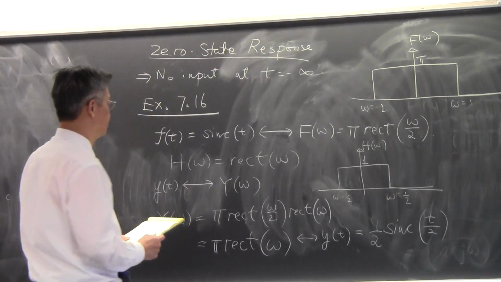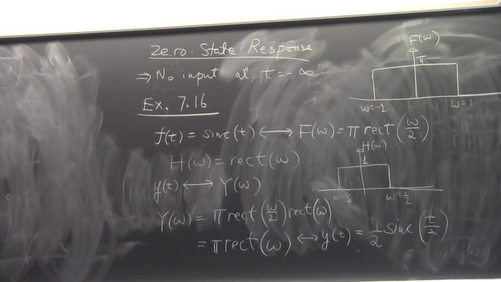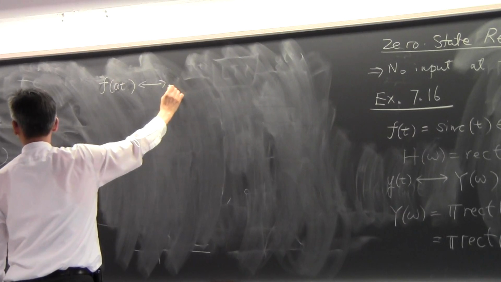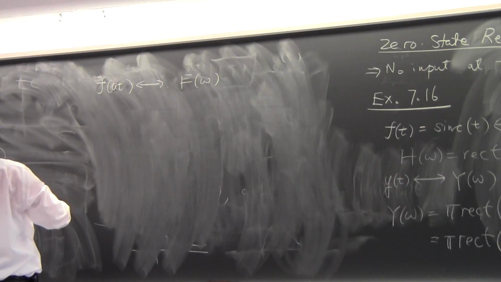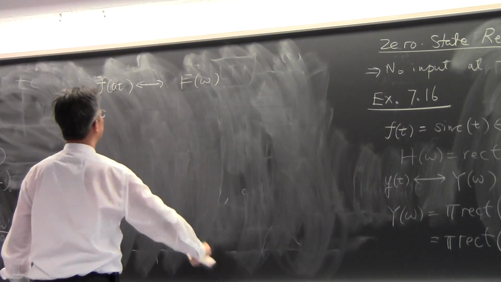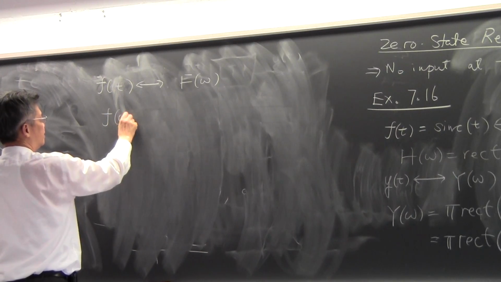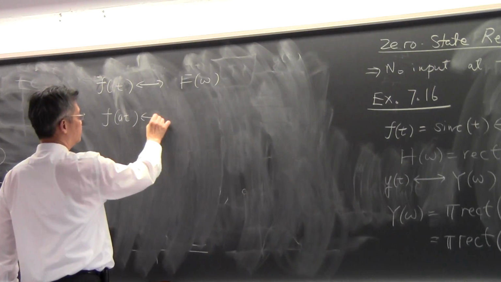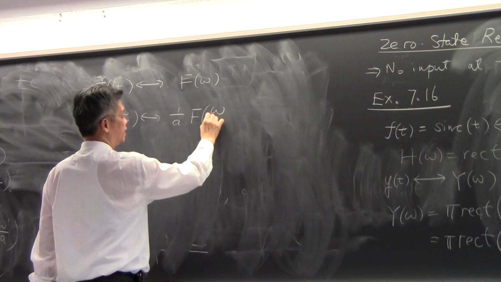So let's do it more carefully. If f of t Fourier transforms to F of omega, then f of at, which is this new function, will Fourier transform to 1 over a times F of omega over a.